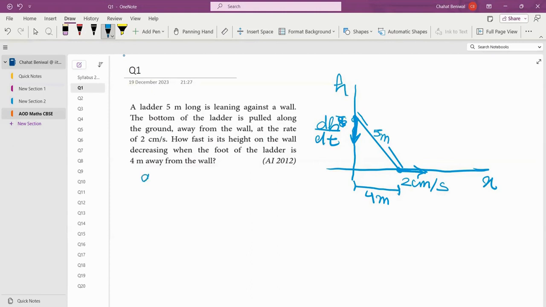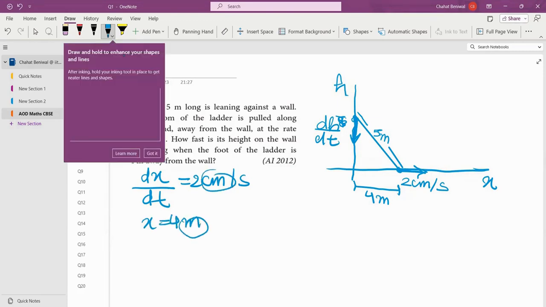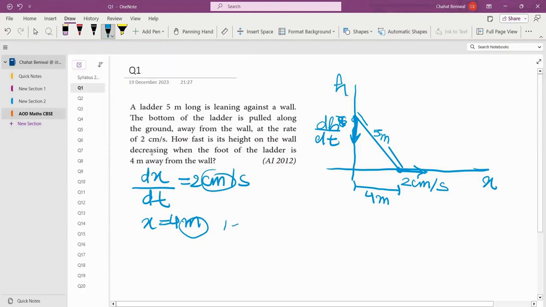What we are given is dx by dt, which is 2 centimeters per second, and we need to find dh by dt when x is equal to 4 meters. Mind the unit, this is centimeter and this is meter. And we know the length of the ladder, which is 5 meters.